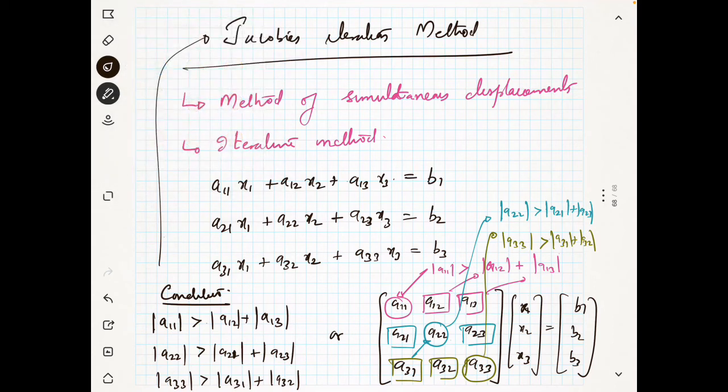Basically, if these conditions are met, only then the method will converge to the true solution.